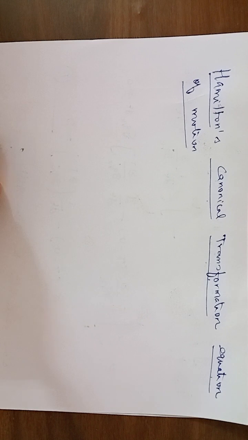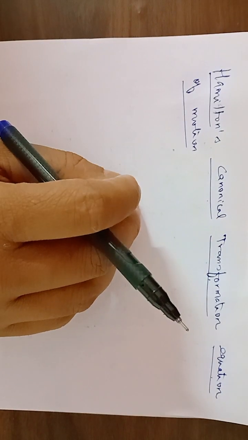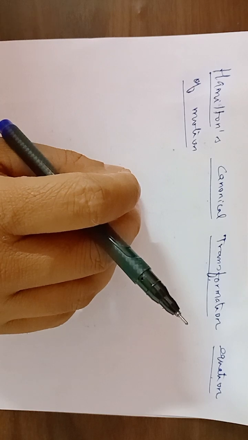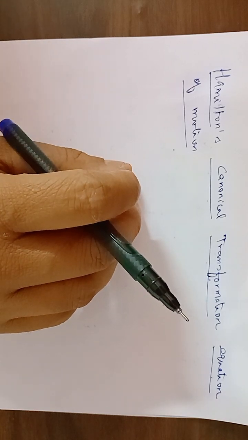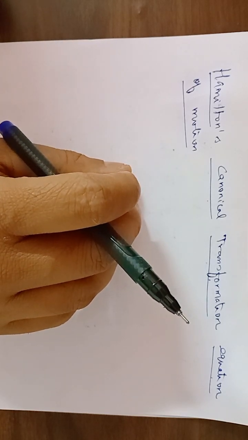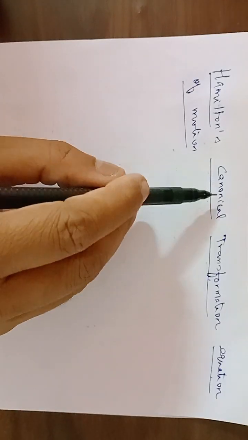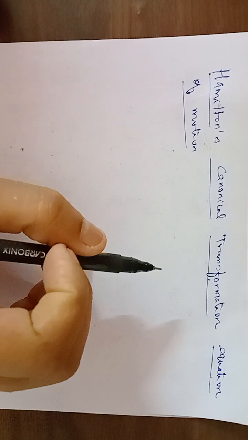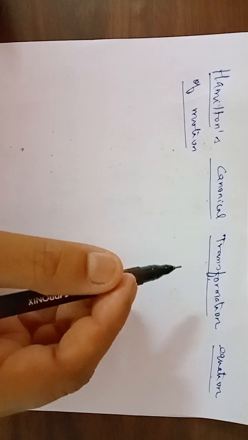For this we use the Hamilton function, Lagrangian function, etc. All of this we studied already. We will use the same equations here to derive the canonical transformation equation. Okay, we will see it one by one.